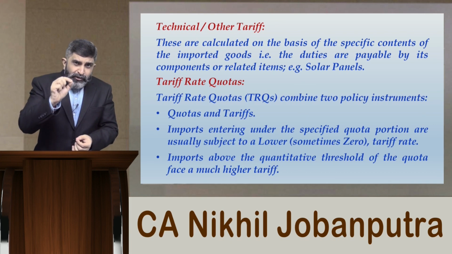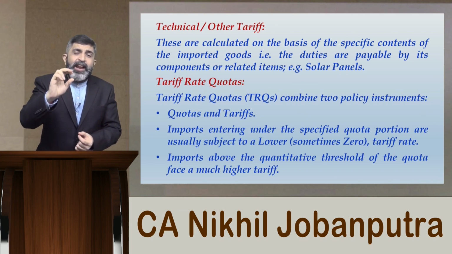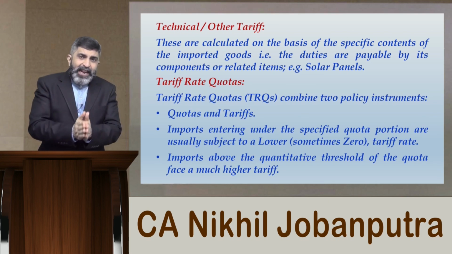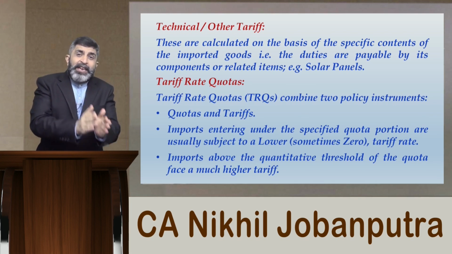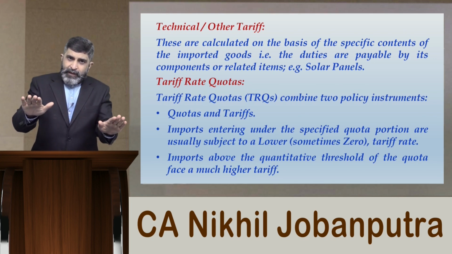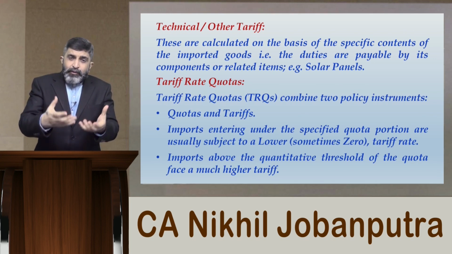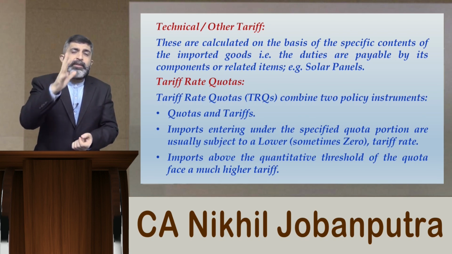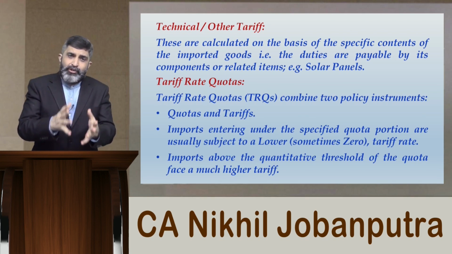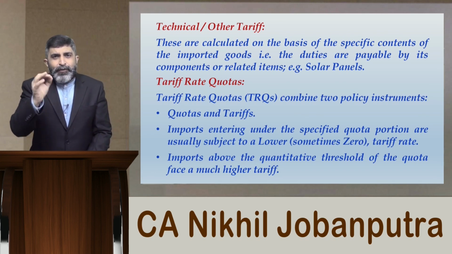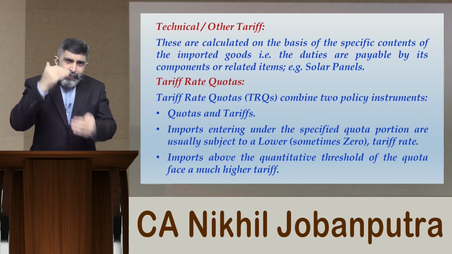So if it is falling in that free quota limit, there is no tariff leviable, or there will be very minimal charge. But if you purchase gold in bulk quantity, there will be a heavy tariff charged, and this is what we call tariff rate quotas, that is slab rates fixed.